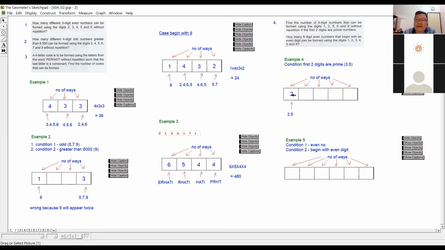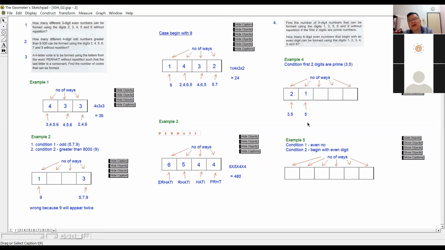So how many ways of filling up the first place? 2 ways. Then the second place must also be a prime number, but you cannot have 2 ways because the first prime number is used up. You are only left with one more prime number. If you use 3 in the first place, then you use 5 in the second place.